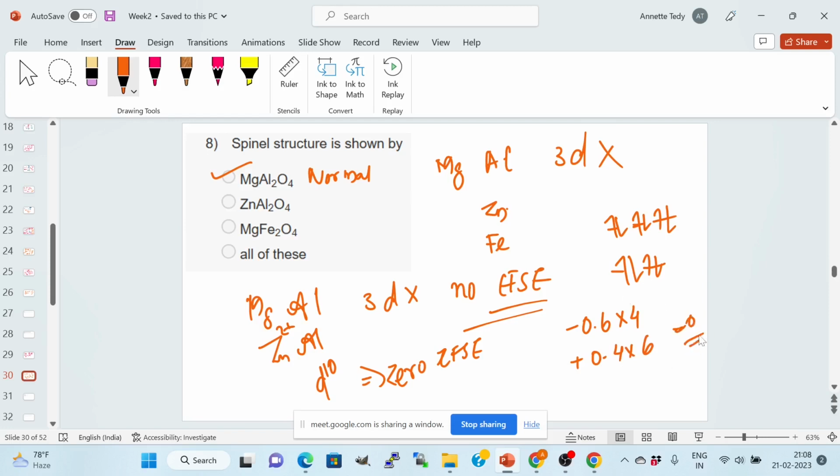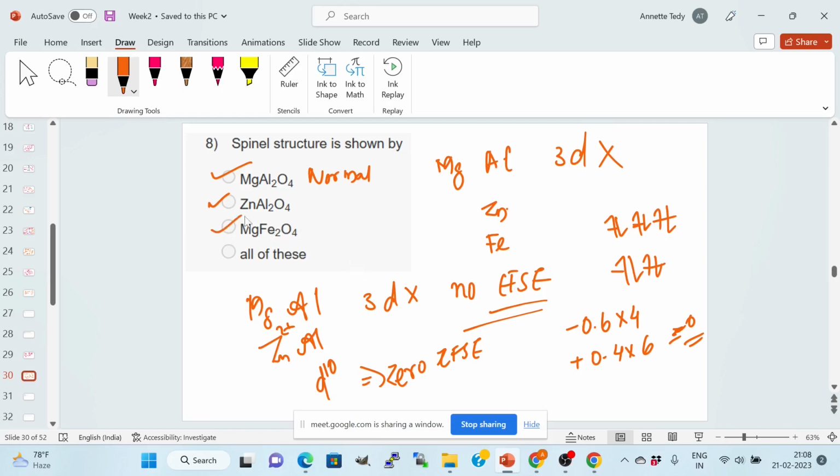Same, right? This is 0. So zinc 2+ has 0 CFSE, and aluminum, as I said, is not a 3d metal. It does not have any CFSE. So this is also a normal spinel structure.